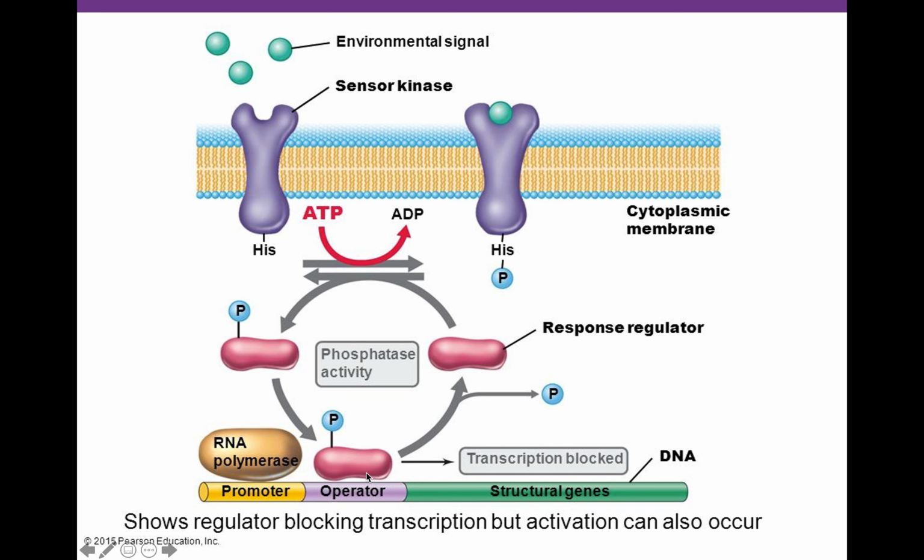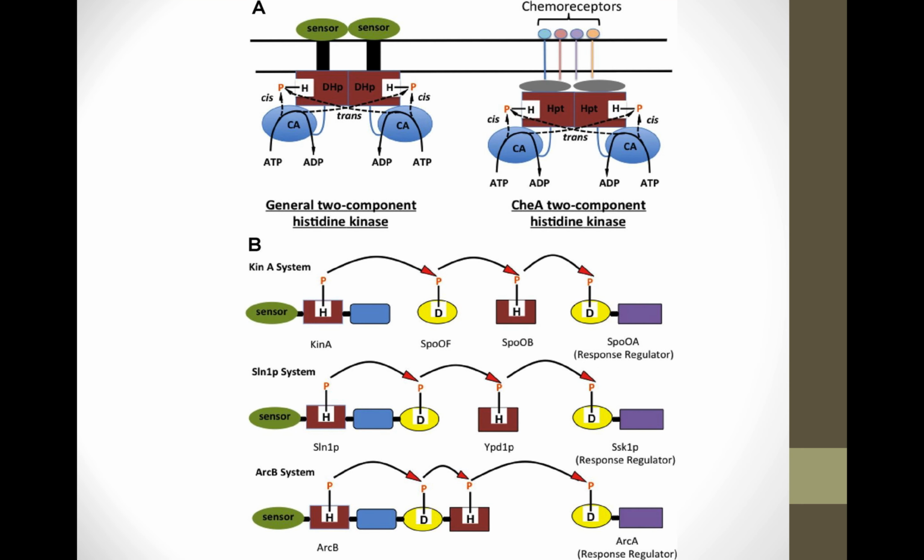As we can see, the response regulator blocks the RNA polymerase at the operator, so transcription is blocked. But you can actually activate this. How? That is one question for you.